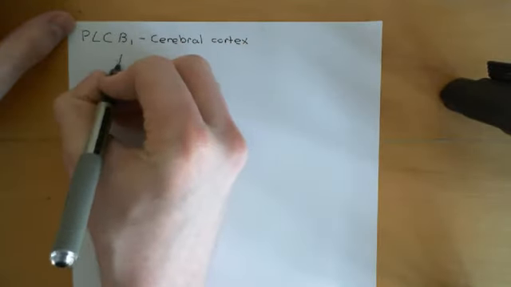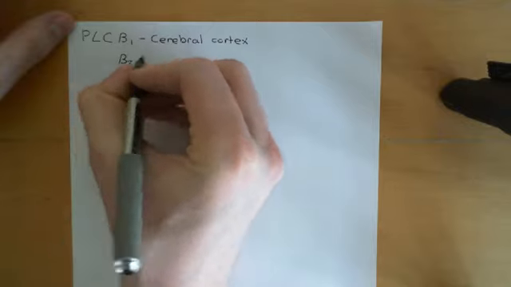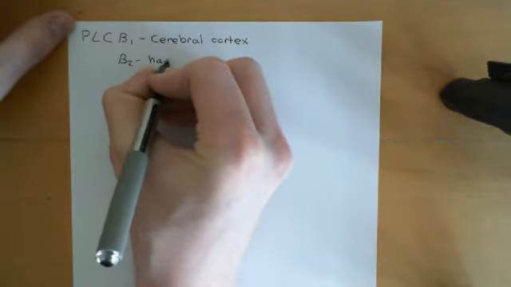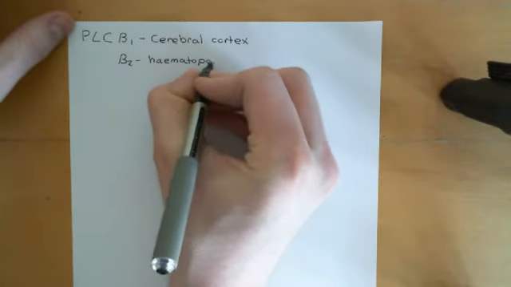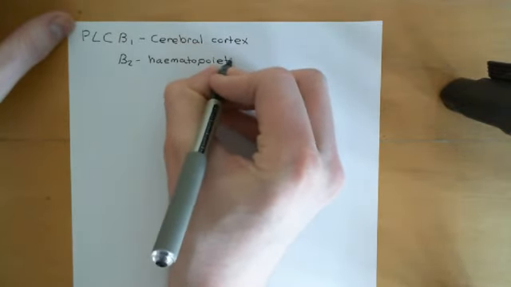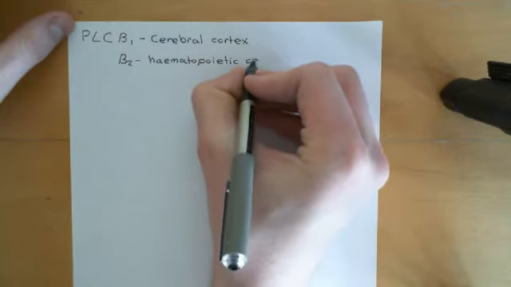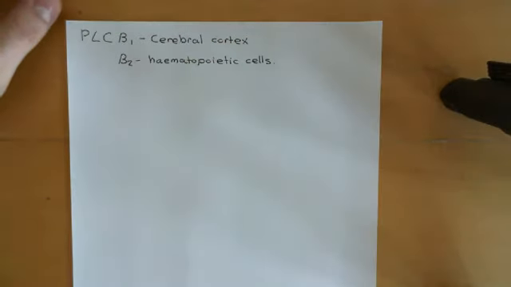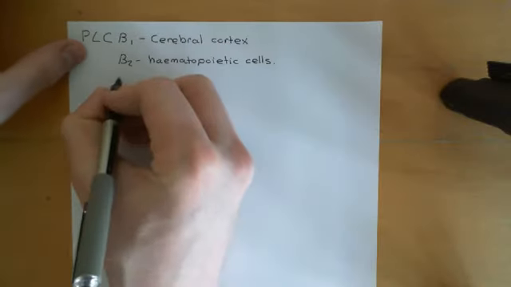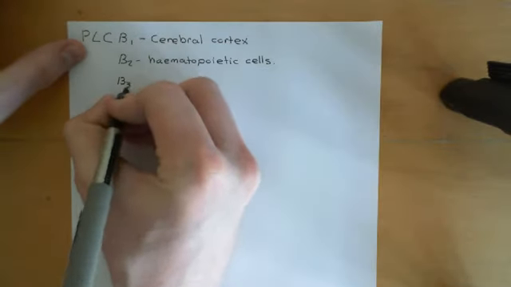Phospholipase C beta 2, meanwhile, you mainly find in hematopoietic cells. Cells of the blood, white blood cells, red blood cells, platelets, these are all hematopoietic cells. Phospholipase C beta 3 has a very broad expression.